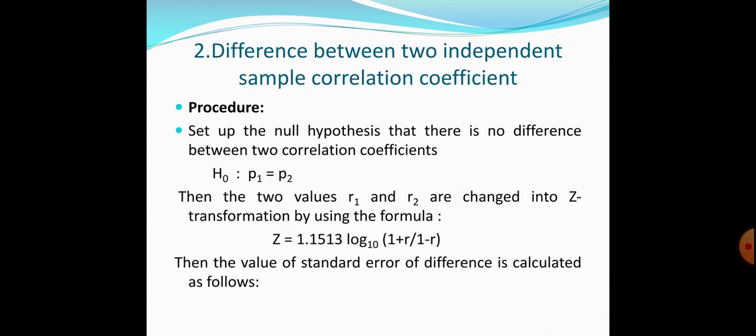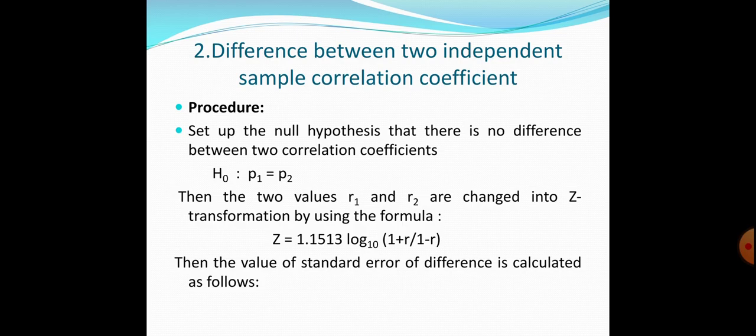Now consider the second application of the Fisher's Z transformation test, that is the difference between 2 independent sample correlation coefficients. In this case, 2 correlation coefficient values are given to you. The procedure is the same: you set the null hypothesis and the alternative hypothesis.